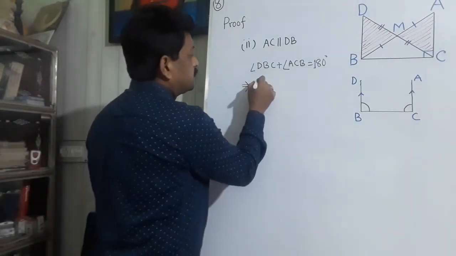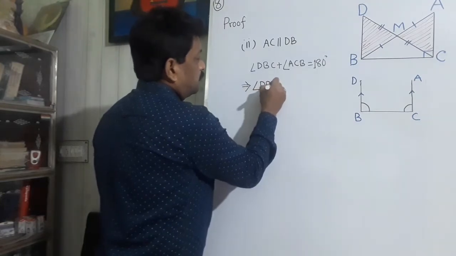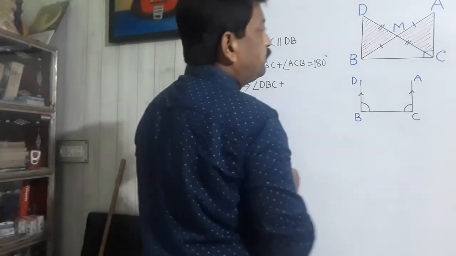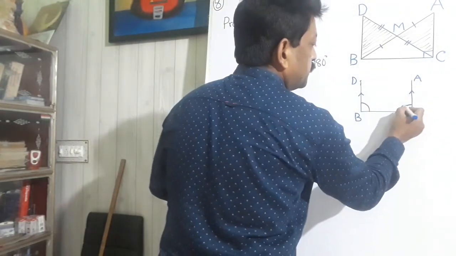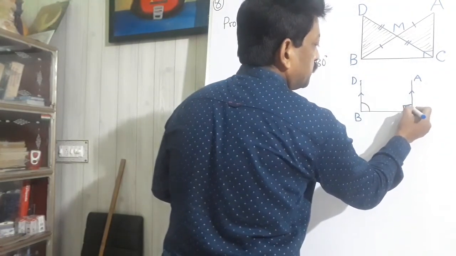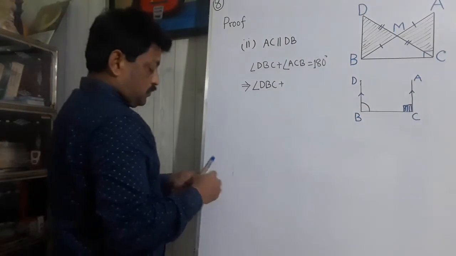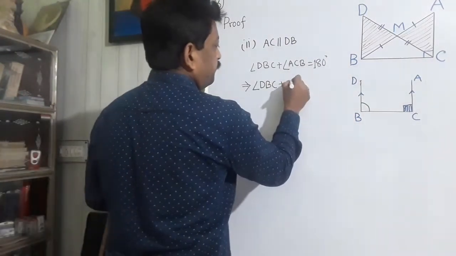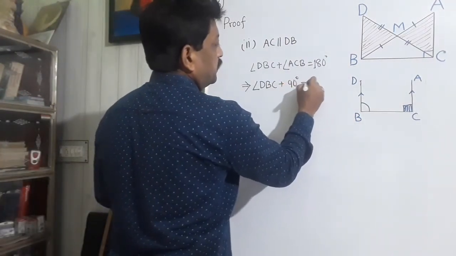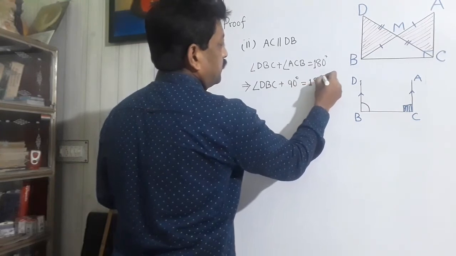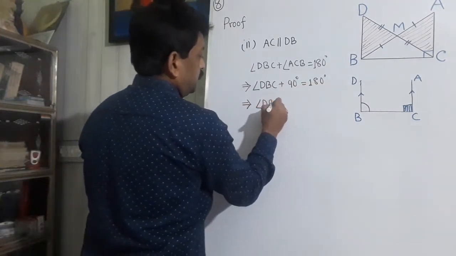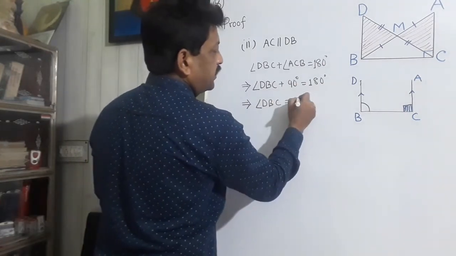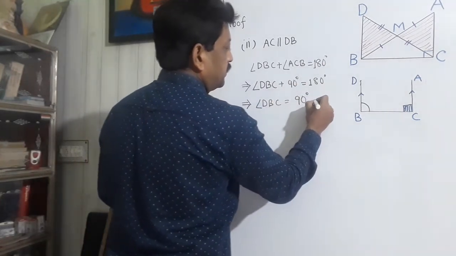Now out of these, DBC is not known, but we know ACB. See the diagram. ACB is 90 degree. It is given in the question. So let us put 90 degrees in place of ACB. So it is 180 degrees. Therefore we can say DBC is equals to 180 minus 90 is 90 degree.